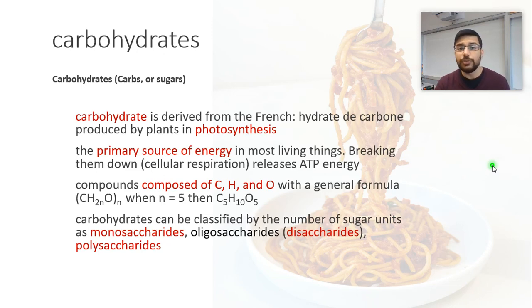So di for 2 sugar units that are combined together in some way. And if you have three or more, we call those polysaccharides. Poly meaning that there are many units in this large sugar. You might have heard of poly from polygon, for instance. Poly means multiple sides to a shape. In this case, polysaccharide is multiple units to a sugar.